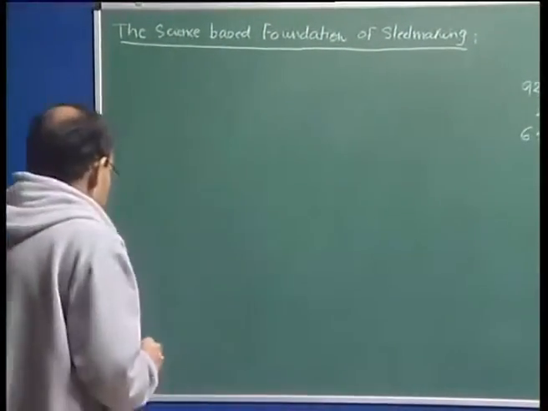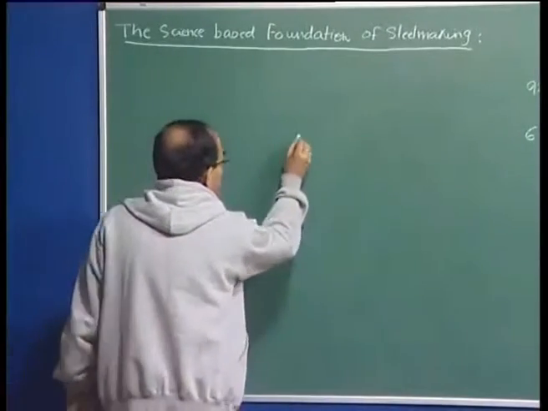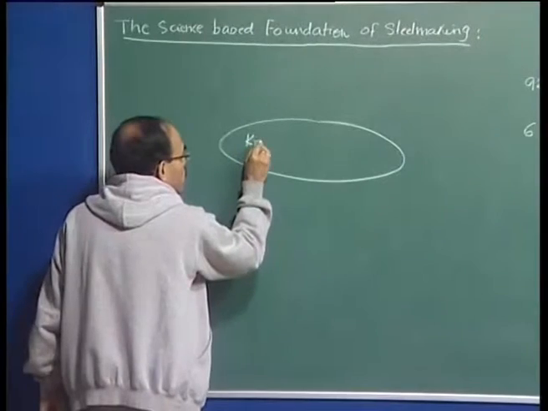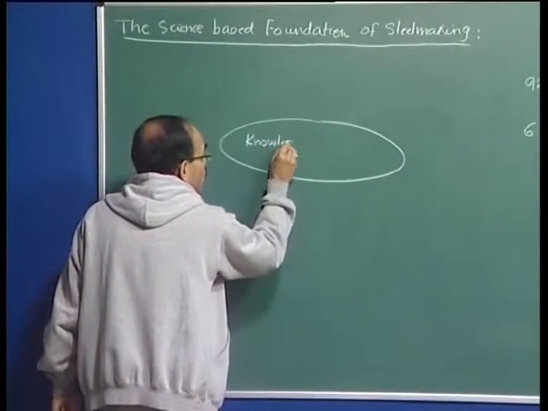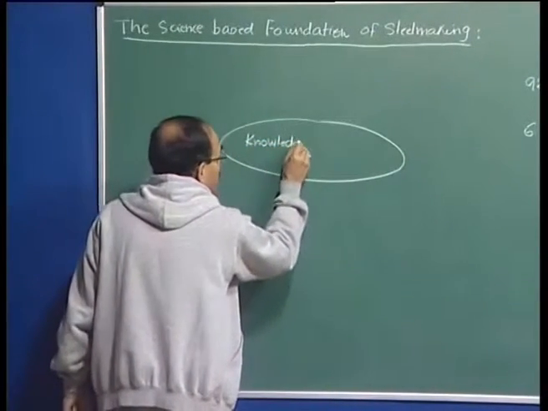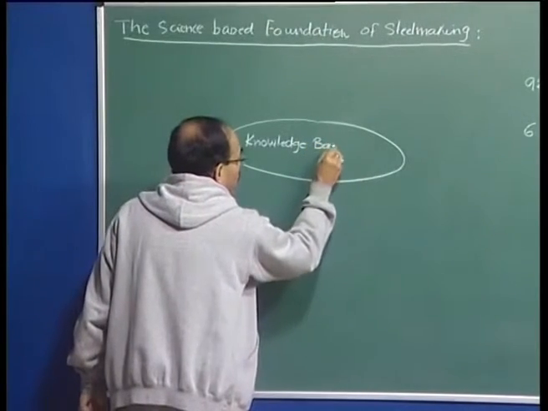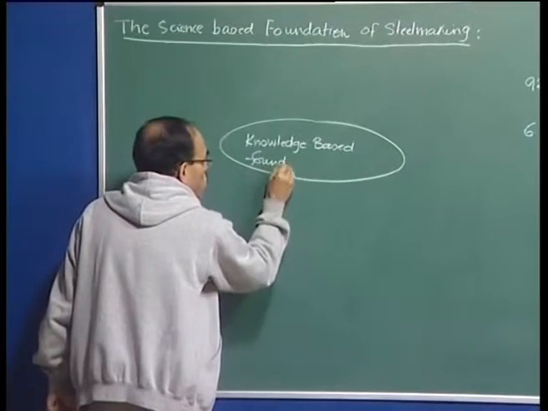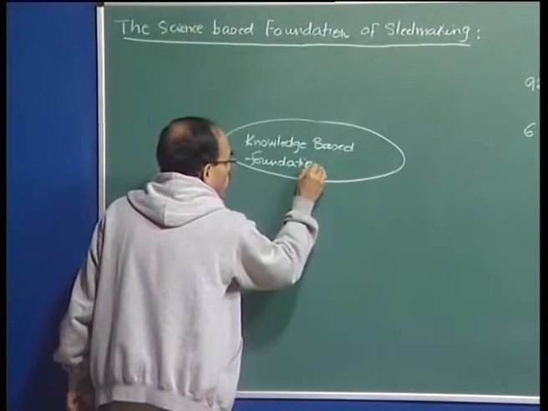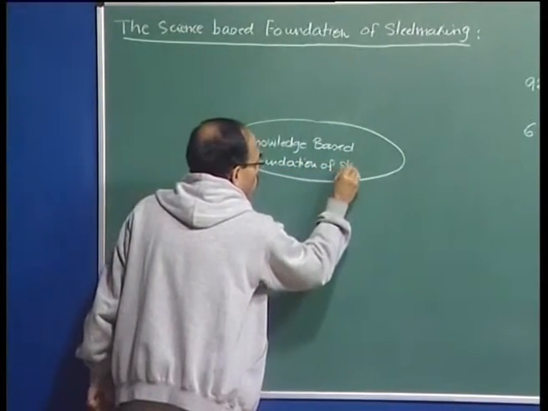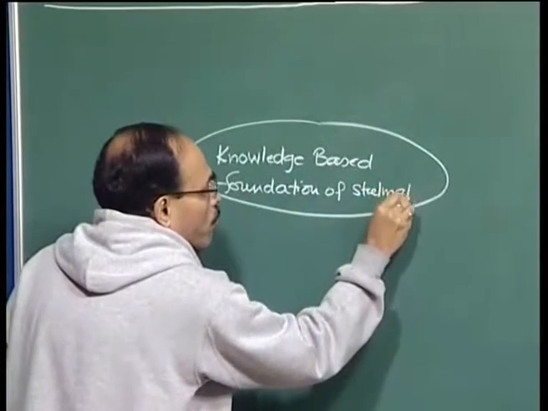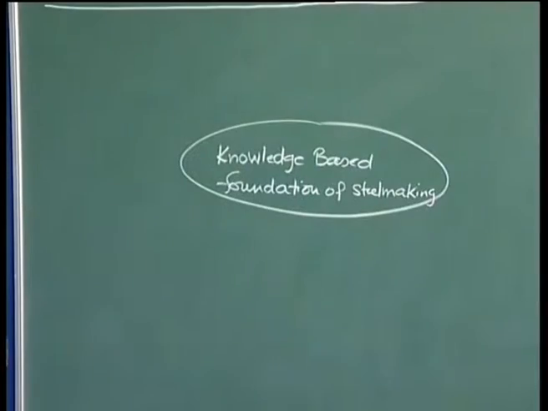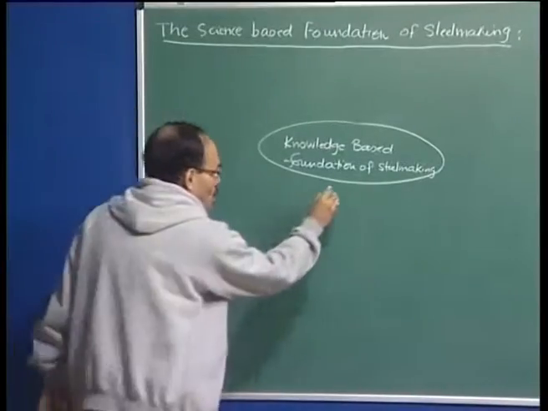Now, there is a huge knowledge based foundation of steel making. This I call the knowledge based foundation of steel making. I will tell you its components with a top down approach. If your knowledge based foundation of steel making is good, what can you do?